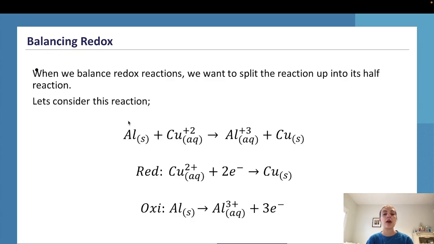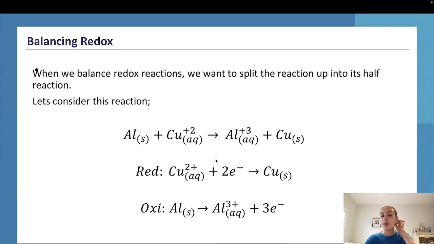So it's going from 0 to +3, which we can tell means that it is losing 3 electrons. So it's going to be oxidized. We're taking away negative charge from it, so we're taking away 3 electrons, and that's going to give us a +3 charge. So we can say our oxidation reaction is aluminium makes aluminium 3+ plus those 3 electrons, because we need to have the charge balanced on both sides.